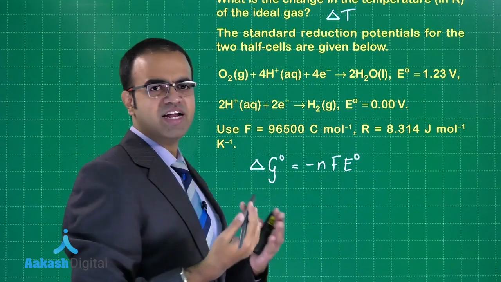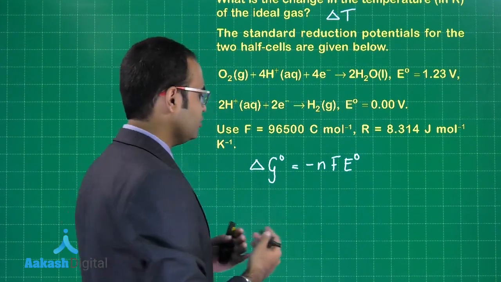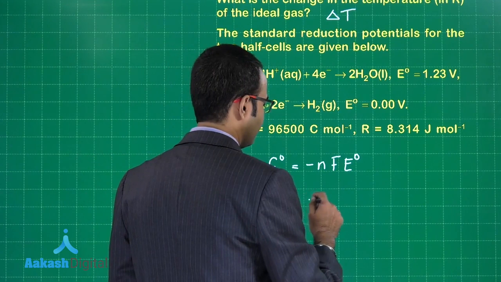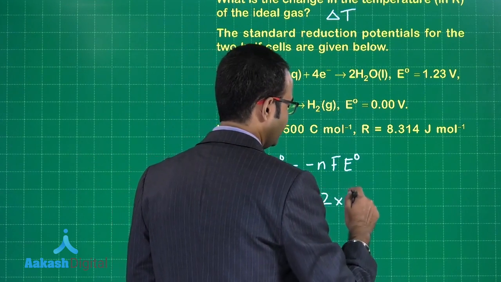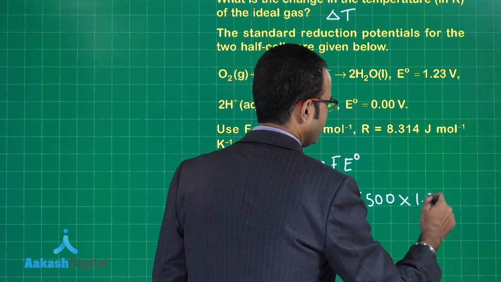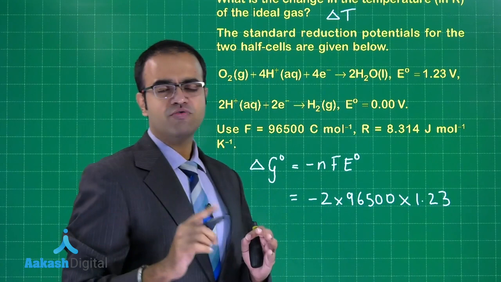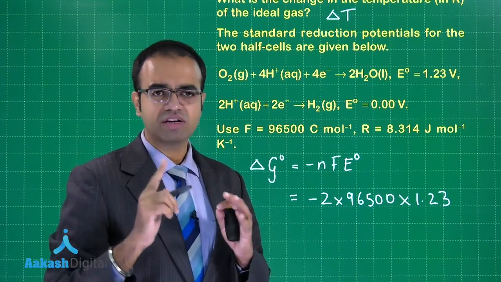How many moles of electrons are transferred, guys? 2 moles of electrons are transferred. So this is minus 2 into 96,500 into 1.23. So this is the value of del G naught for 1 mole of hydrogen gas, guys.